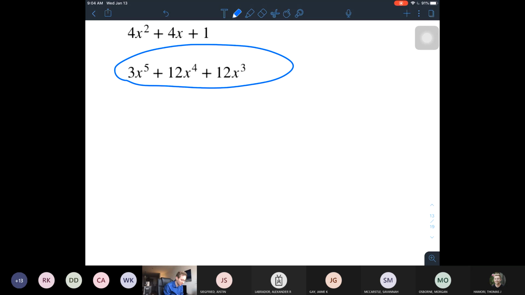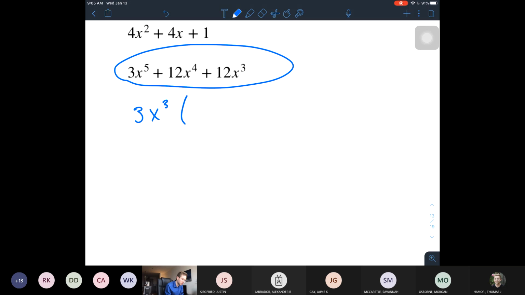Okay. So we can take 3 out. That's true. But there's another thing which is going to go into each of these 3 terms, and that's going to be they all have a common power of x, being at least x to the power 3. Okay, some of them have more, but they all have at least x to the power 3 in here. So we can indeed take out 3x cubed out of all of this.